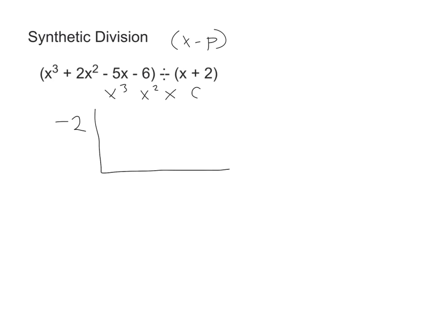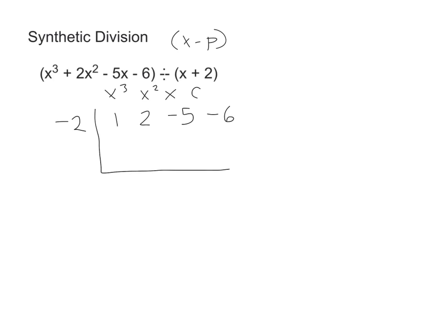So the x cubed coefficient is 1, the x squared coefficient is 2, the x coefficient is negative 5, and the constant is negative 6. If one of those was missing, we'd put a 0. But basically, all I did was take the numbers in front of the variables. So 1, 2, negative 5, negative 6. That's how you're going to set it up.